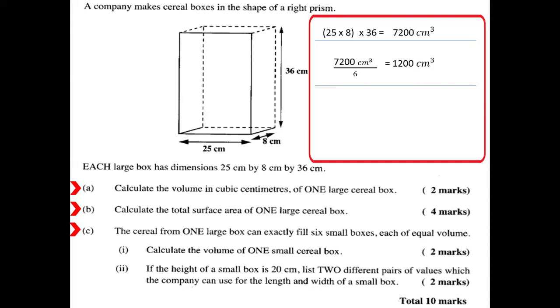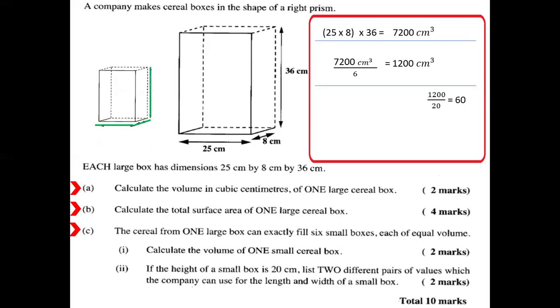So that completes C1. Part C2 now says, if the height of a small box is 20, list 2 different pairs of values which the company can use for the length and width of a small box. All right, so we know that the volume for the small box is 1,200. Volume remains the same for a cuboid. It's length times width times height, or area of cross-section multiplied by the height.